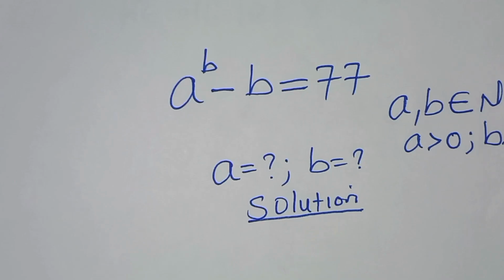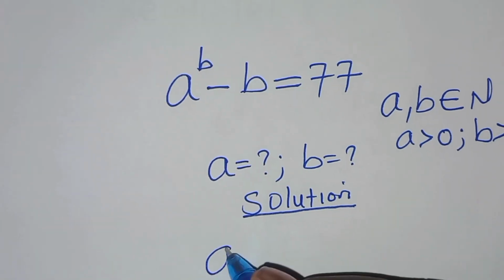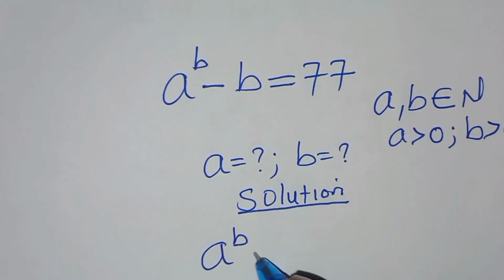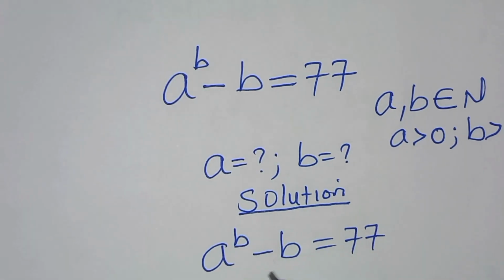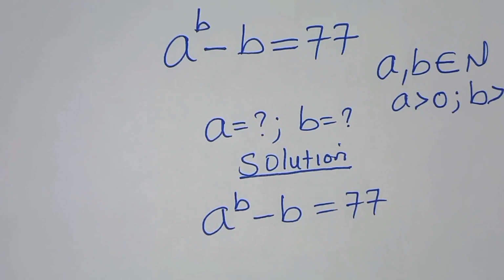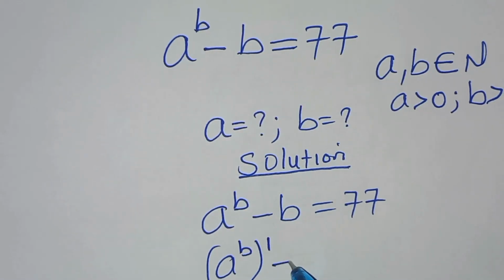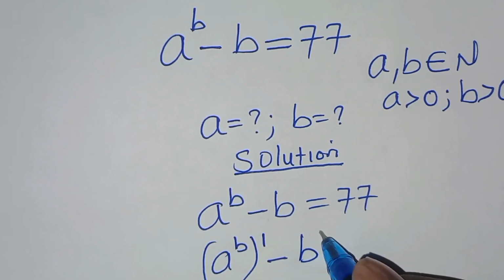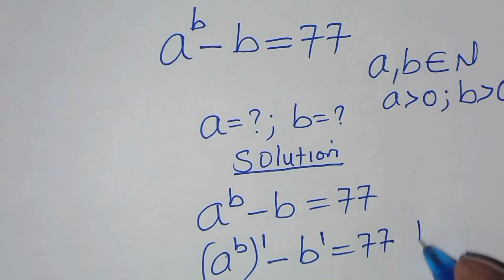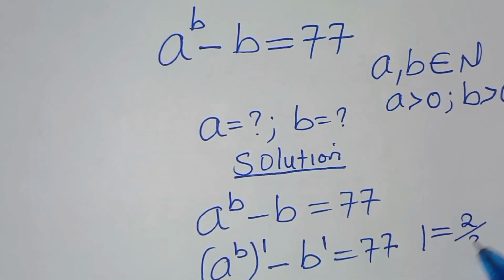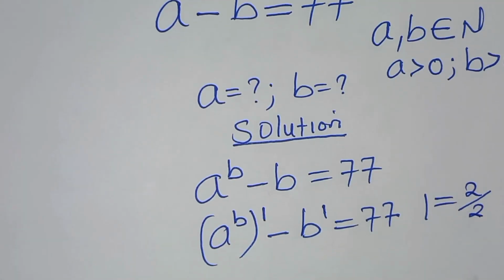Now, we have that a to power b subtract b, this is equal to 77. We can express a to power b as a to power b raised to power 1 subtract b to power 1, this is equal to 77. Now we can express 1 as 2 over 2. So let's substitute this.